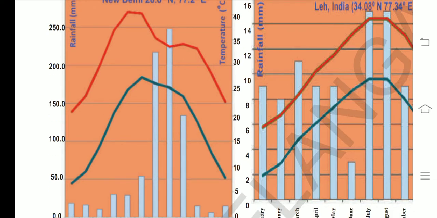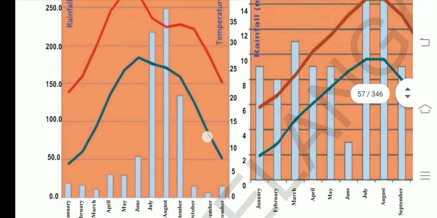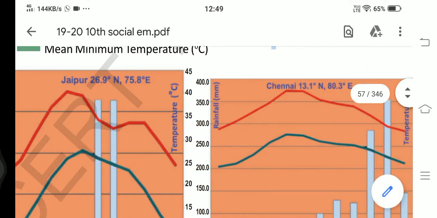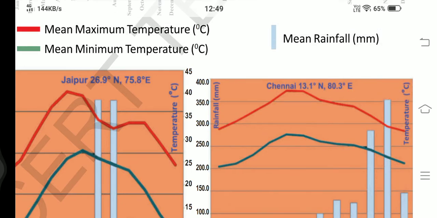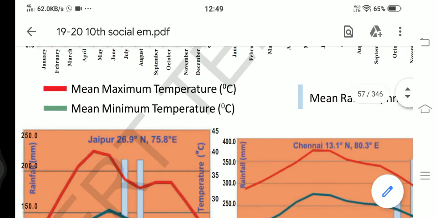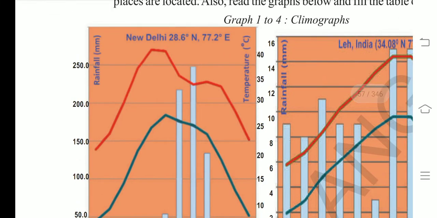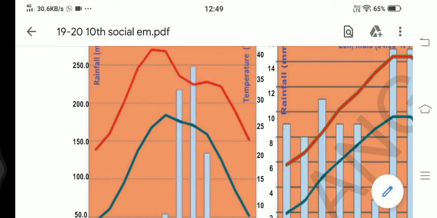Again, this can be compared. In other words, see graph one, Delhi, with Chennai. Chennai is near the coastal area, so it experiences a moderate climate. Whereas Delhi, this is Delhi, my dear students, is far from the coastal area, so there is no impact of a water body on Delhi.